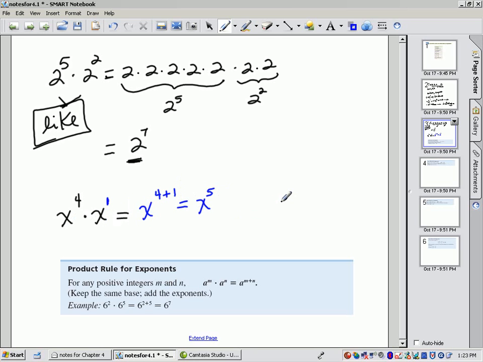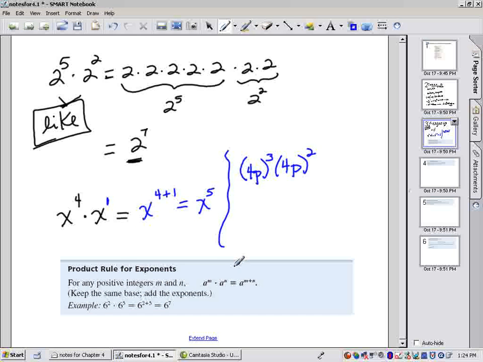Now, a problem that you had in your homework, let me show you something like this. If you have 4p to the 3rd times 4p squared, are the bases the same? Yes, the bases are 4p.